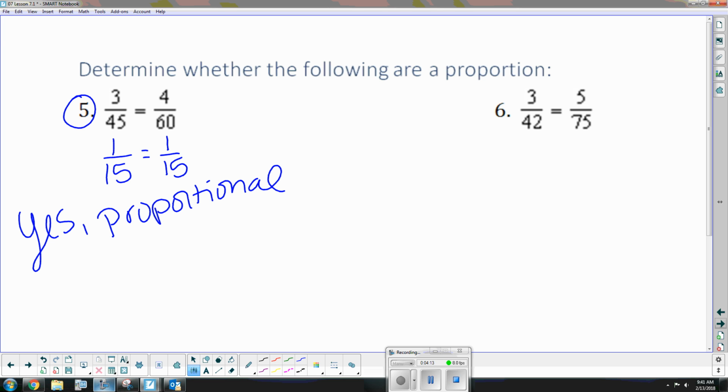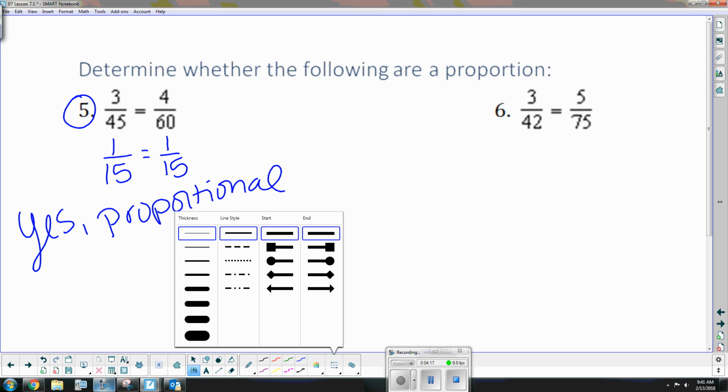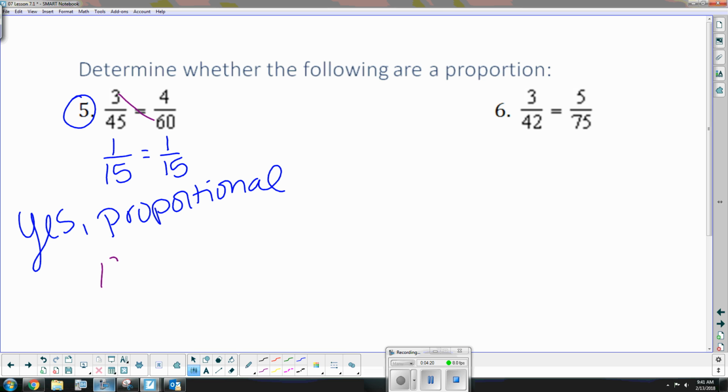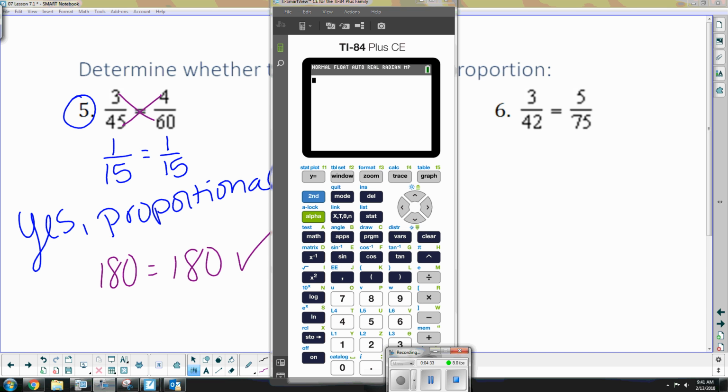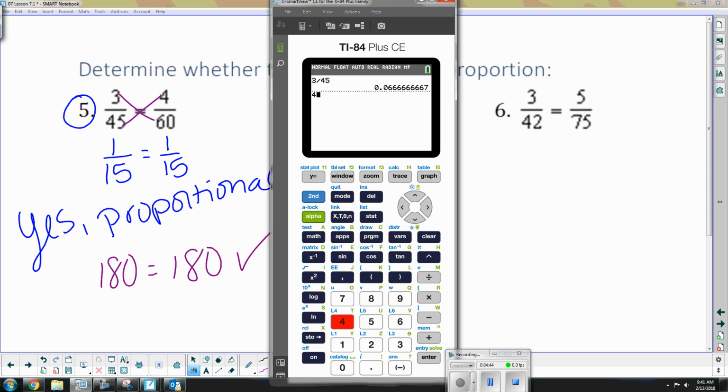The other way you can do it is you can cross multiply. 3 times 60 is 180, and 45 times 4 is 180. So yes, they are proportional. And the third way you can do it is to get a decimal. 3 divided by 45, is that equal to 4 divided by 60?